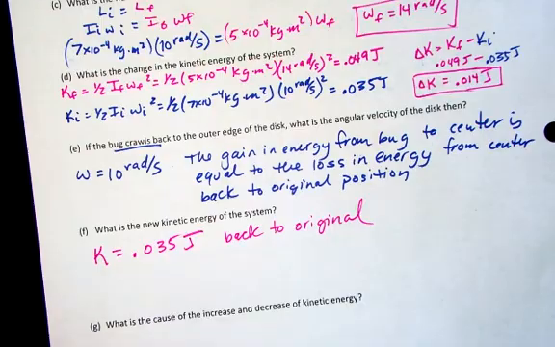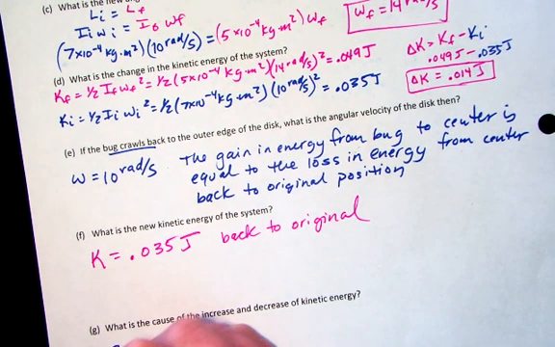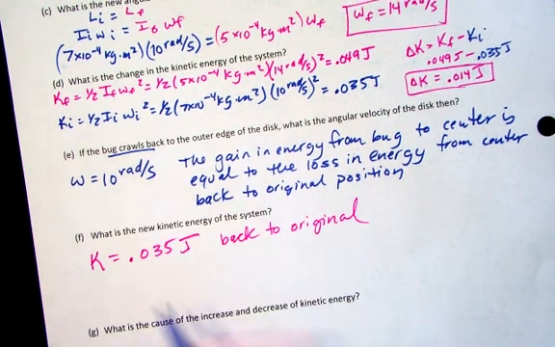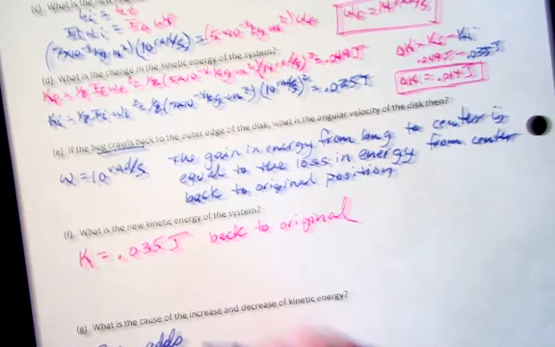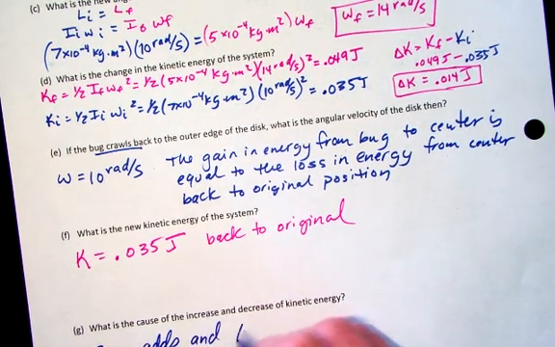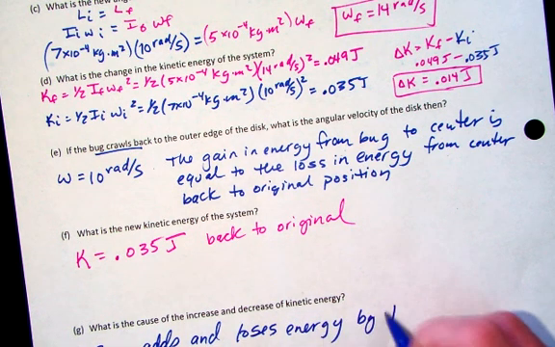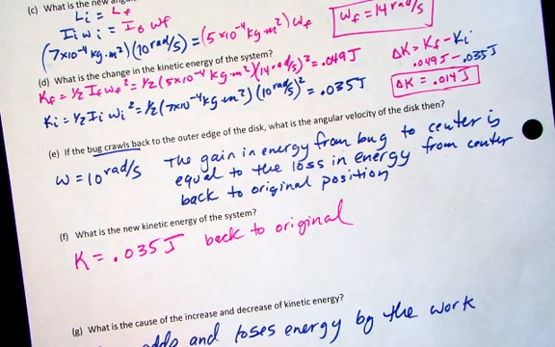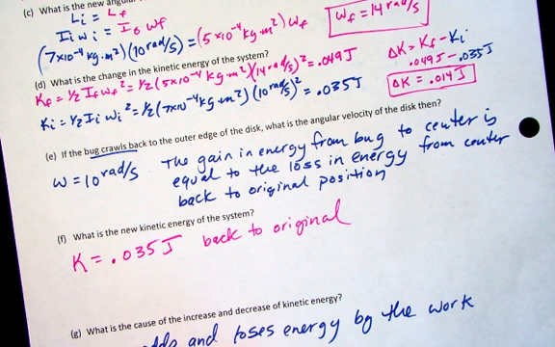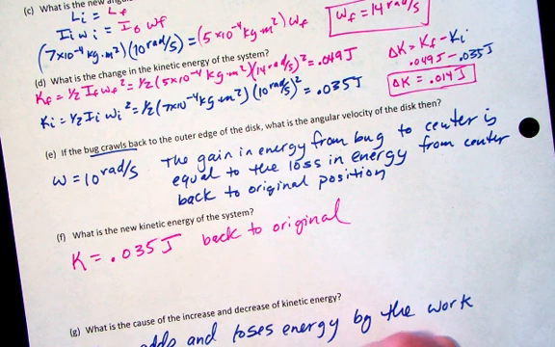So again, what is the cause of the increase and the decrease? The bug adds and loses energy by the work done crawling from the outside to inside and back.